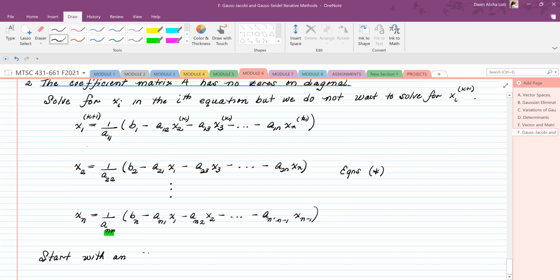But now when we go to solve for x2 at k plus 1, we're actually going to stick in x1 at k plus 1. And then this is still at k, and this is still at k.